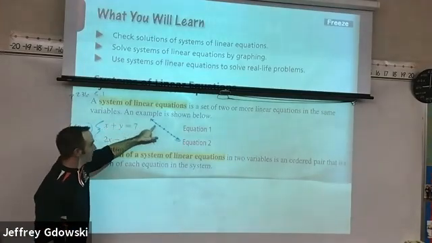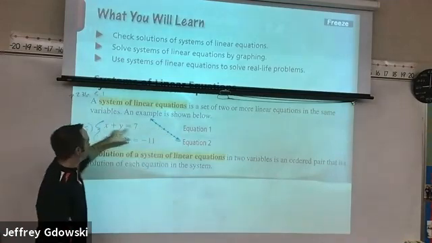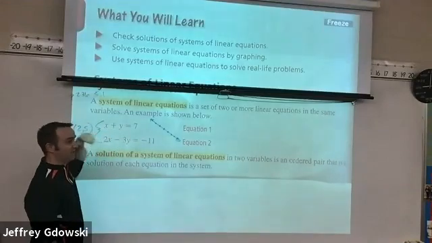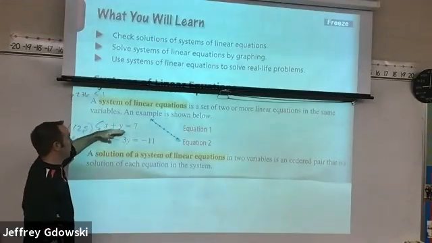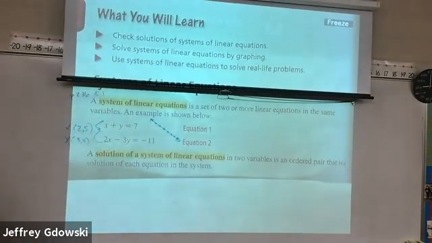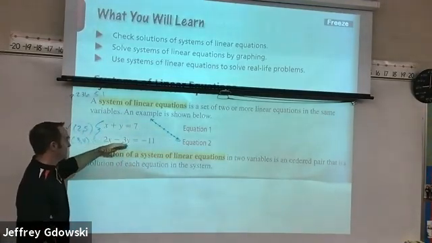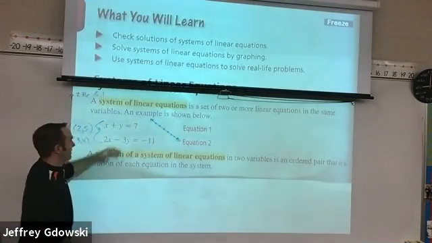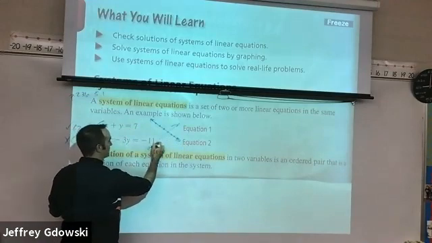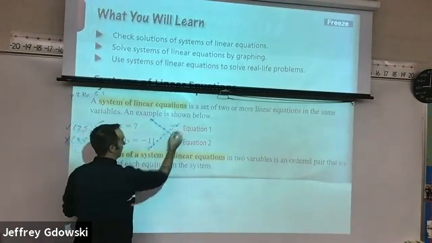Every single ordered pair that I can find on that line will work here. (0, 7), (1, 6), (2, 5), (3, 4). All of those ordered pairs are going to work.